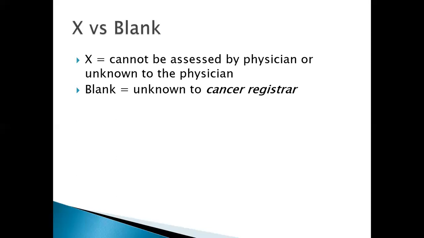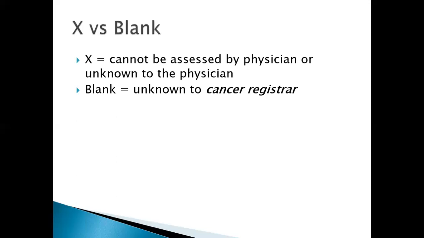The investigators were like, why are there so many TXs? So they want us to put a blank so that they know that it's not that the physician didn't know what the clinical T was, it's that we don't know it, okay? And then that way they are making sure that their cases are sorted in the correct way, okay?